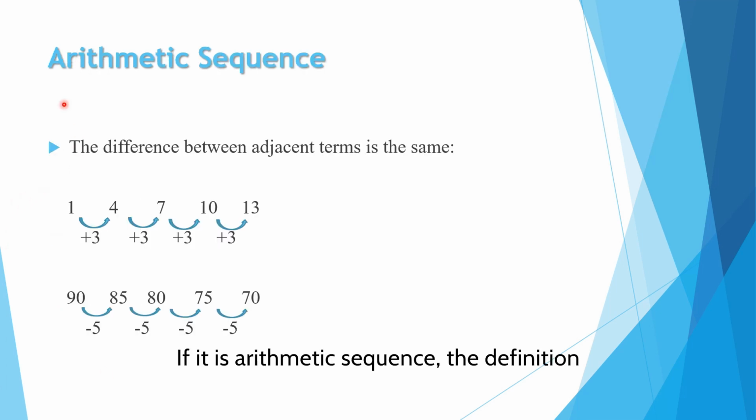The definition of an arithmetic sequence is that the difference between adjacent terms is always the same. Let's say we see 1, 4, 7, 10, 13 as a certain sequence, and we will try to examine what type of sequence that is. We can see that between each adjacent number, there is a difference of 3.